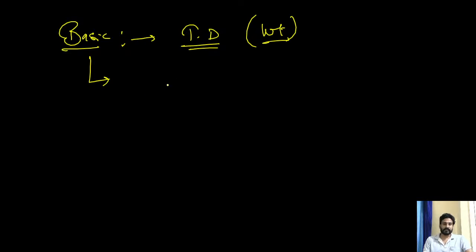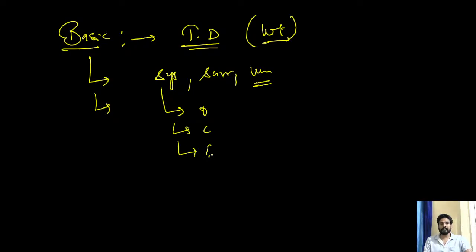After that, we discussed what is a system, what is a surrounding, what is the universe, and in the system, we discussed the open system, closed system, isolated system. Is it clear to you guys, right?